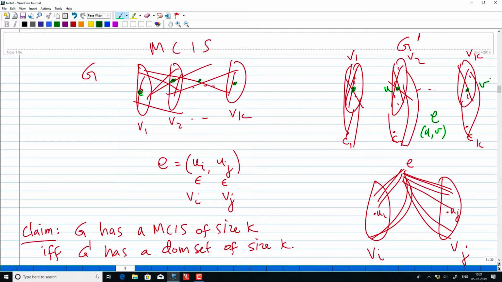You can pick is a different story. You are given a dominating set. You have to argue that that dominating set would necessarily pick something from Vi. You are not constructing a dominating set. You are given a dominating set. I am trying to argue about the dominating set, to argue that in that dominating set there must be somebody from Vi.